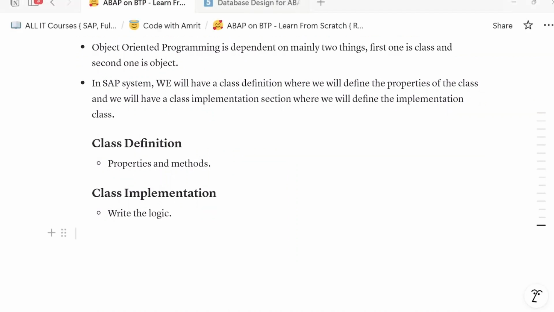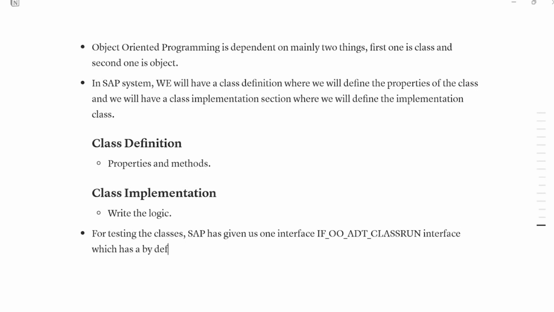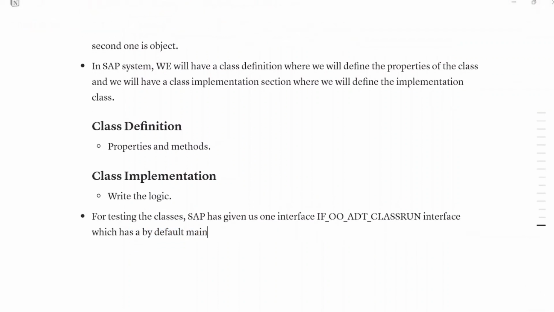So for testing our application, for testing the classes, SAP has given us one interface, which is the if object oriented ADT class run interface, which has a by default main method inside it, which is going to be automatically executed first.